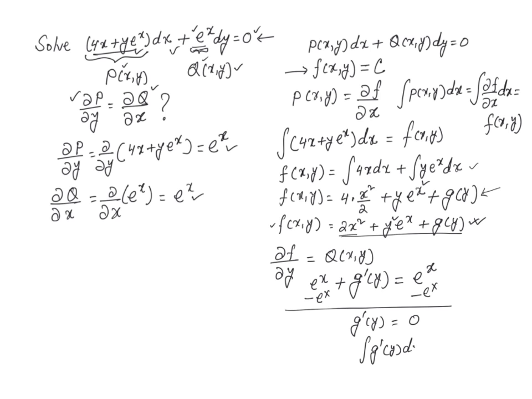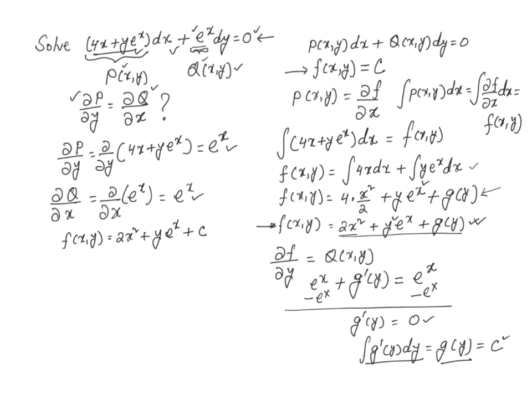The integral of g prime of y dy is nothing but g of y, which must be a constant, because the derivative of a constant function is 0. Now if I take this constant and plug it in, we get f of x comma y is equal to 2x squared plus y e to the power x plus some constant.